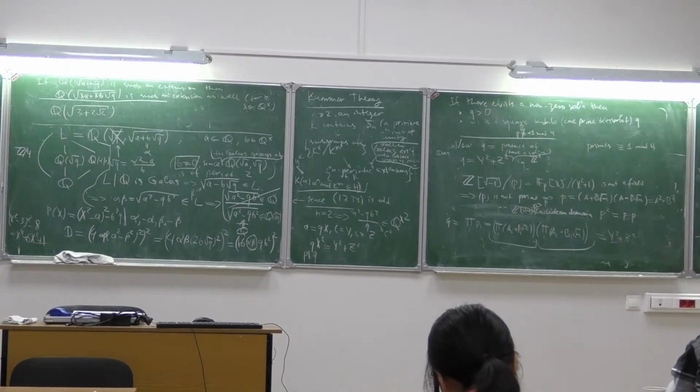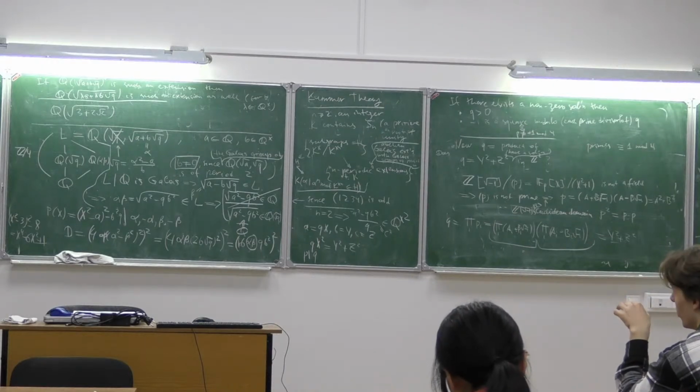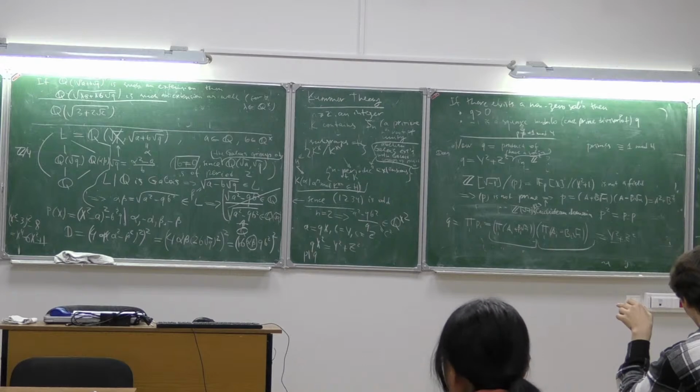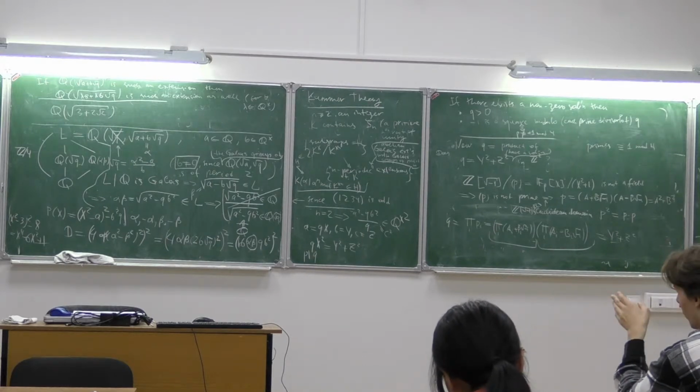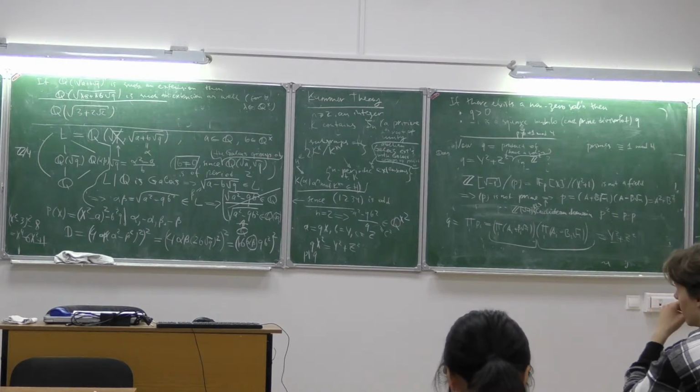We can look at this polynomial modulo different primes. And if it splits into factors of different degrees, by one prime and by another prime, then it's irreducible.